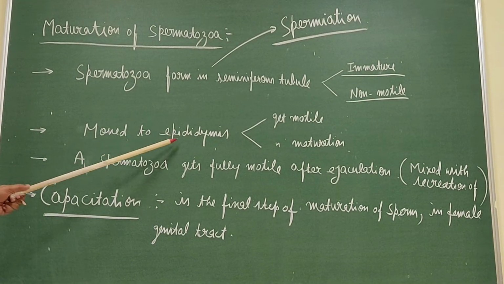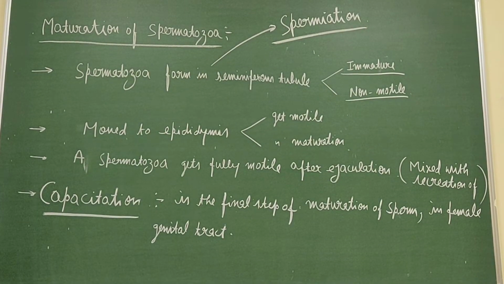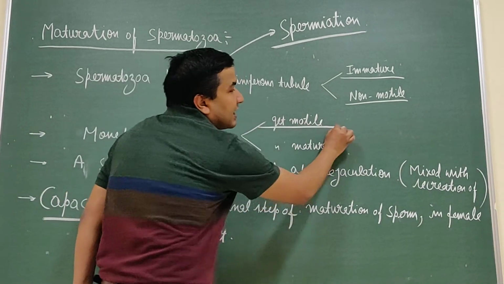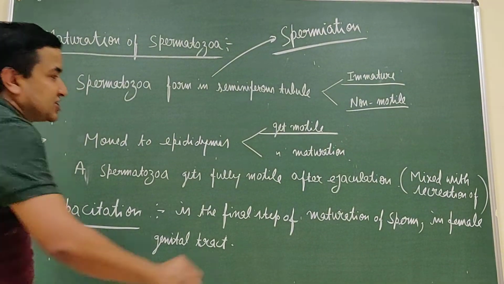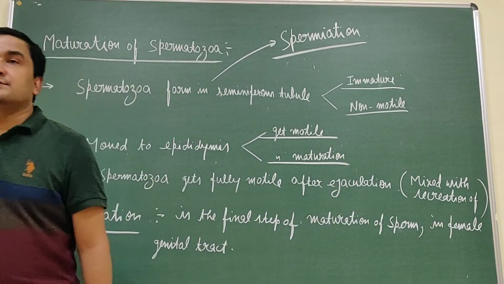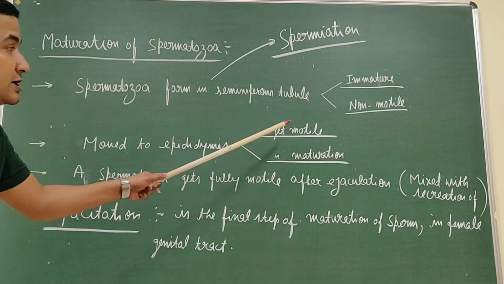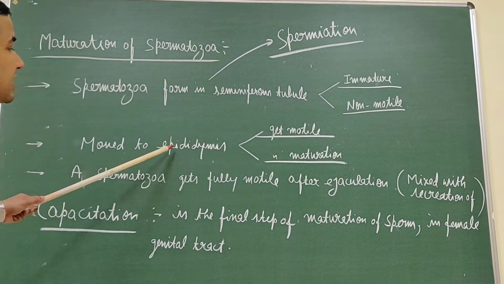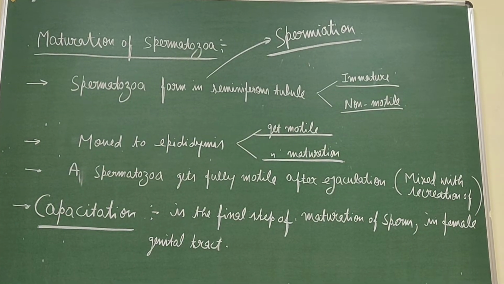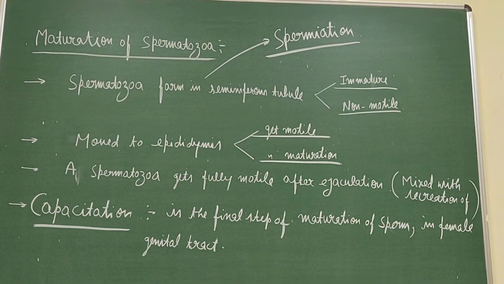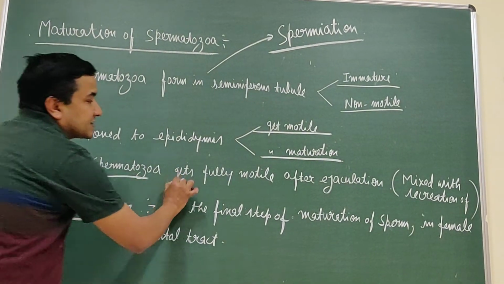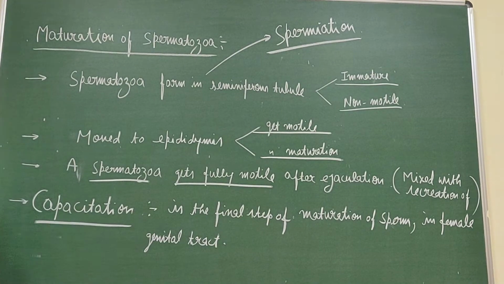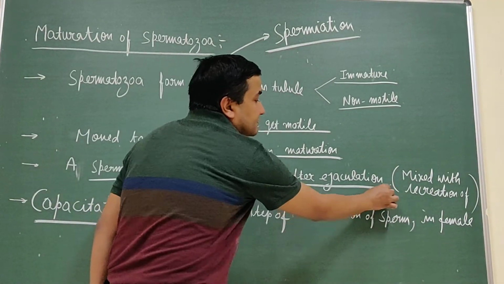In the epididymis, it is stored, where it starts to become motile and starts maturation. It is not fully motile or fully mature in the epididymis, but it starts.